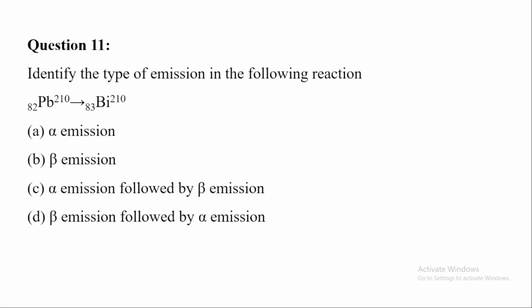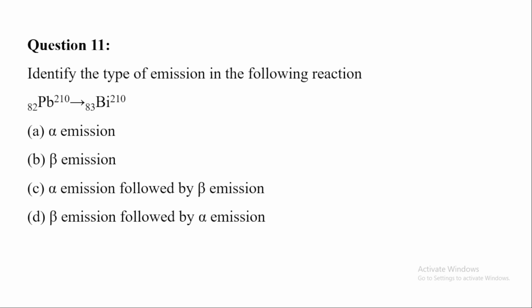Lead, the mass number is given as 210, atomic number is 82. It is converting into Bi, the mass number remains the same, the atomic number has increased by 1. We have to identify the type of particle being emitted in this reaction.